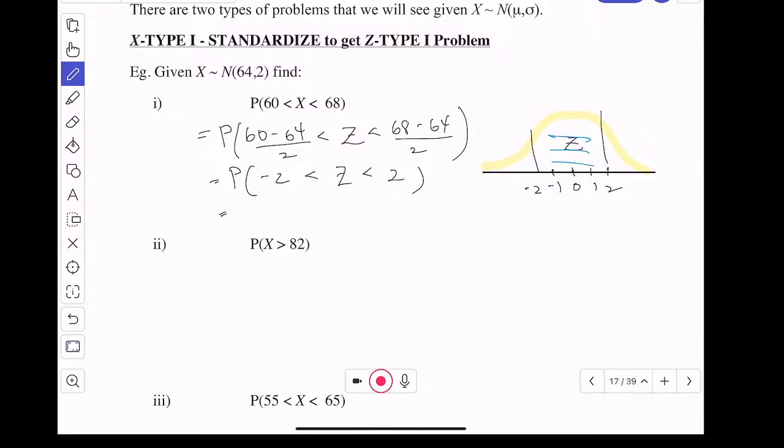We know it should be about 95%. But what we have to do is get the values from the table. -2 and 2.